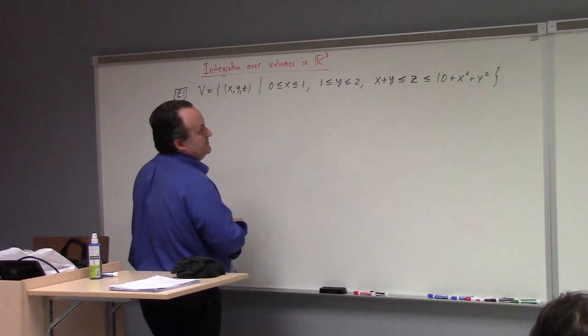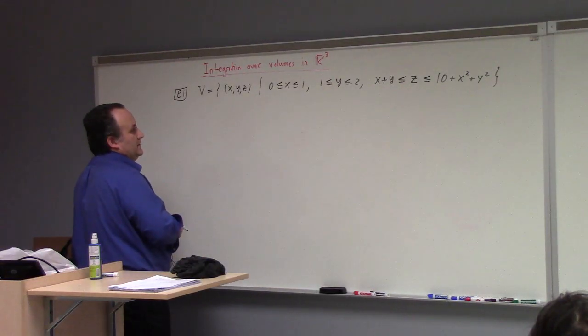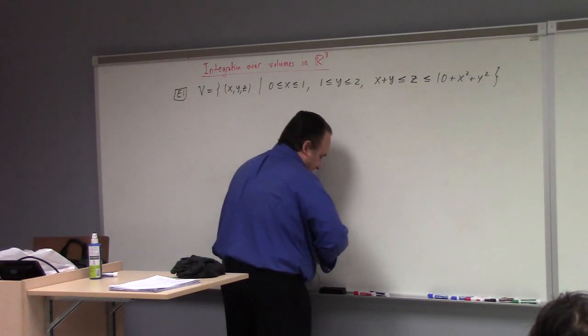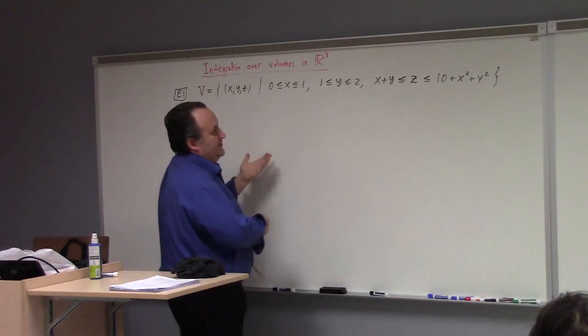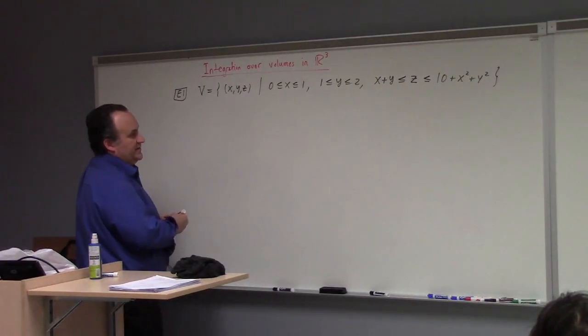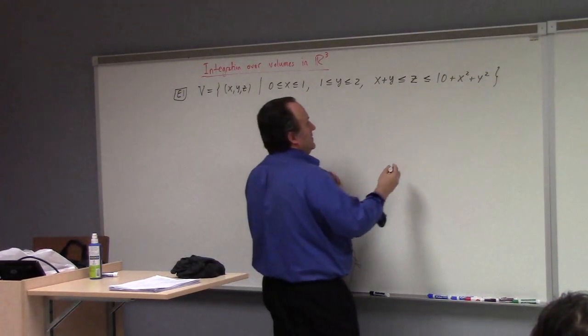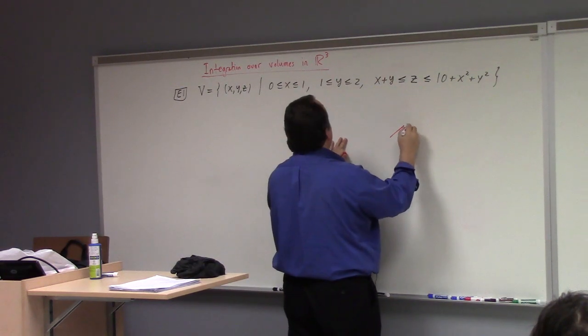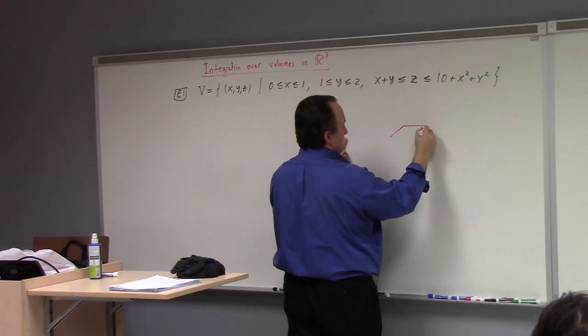And so, I can kind of picture it roughly, right? I don't even need the picture because of the way I've described the region, but let me just try to picture it. So x is going from 0 to 1, y is going from 1 to 2, right?